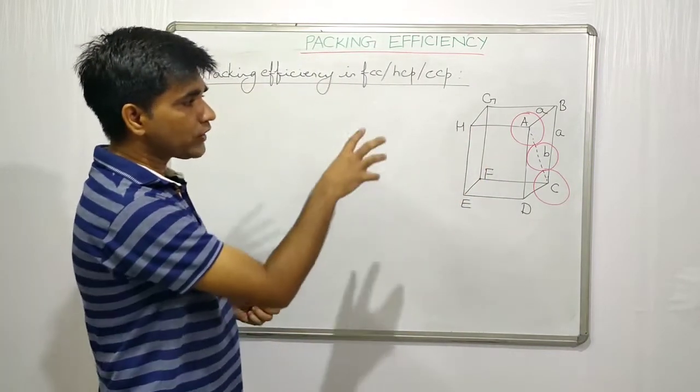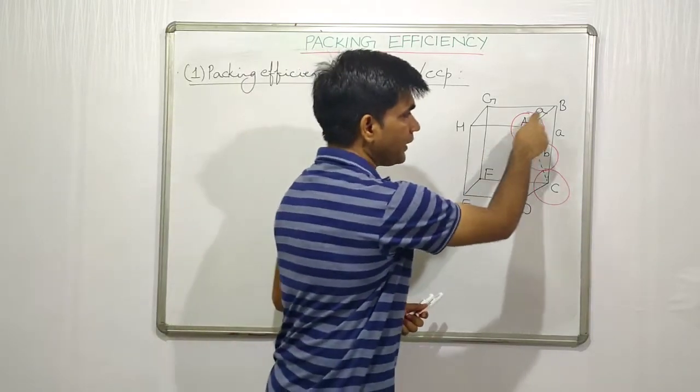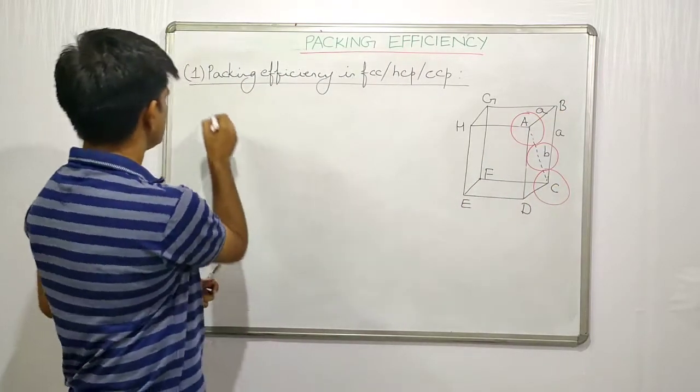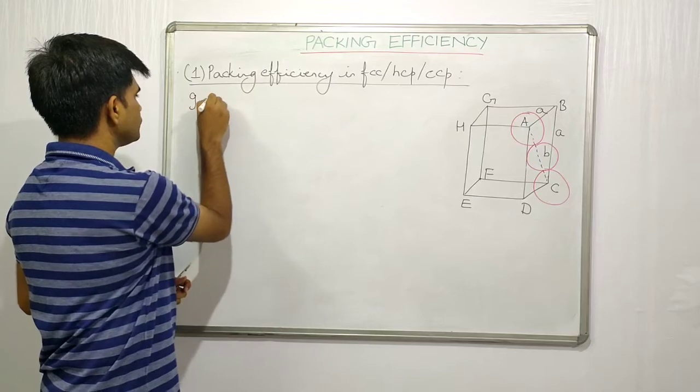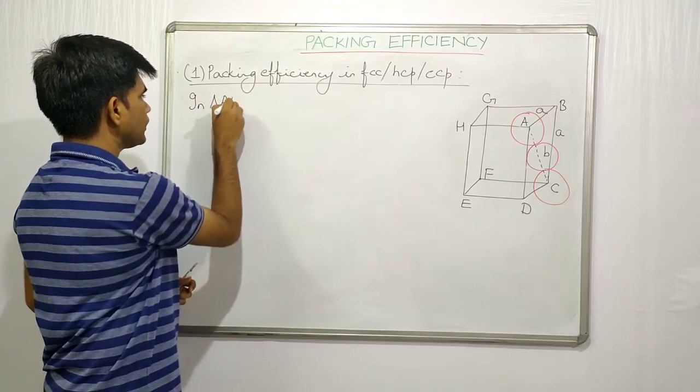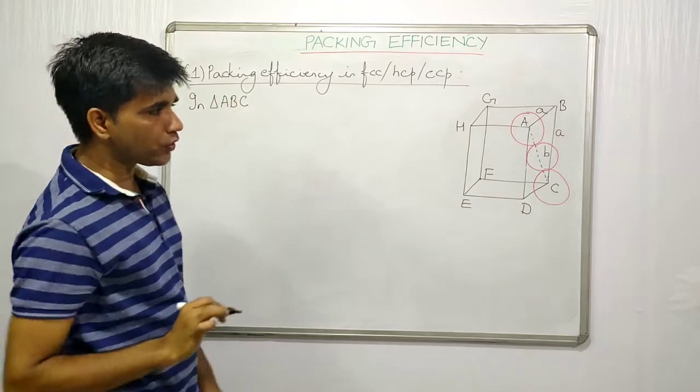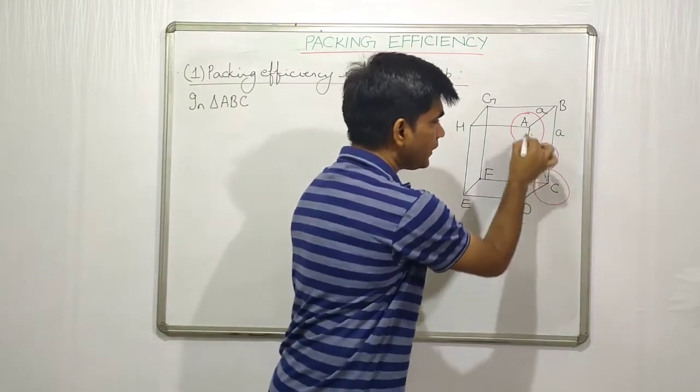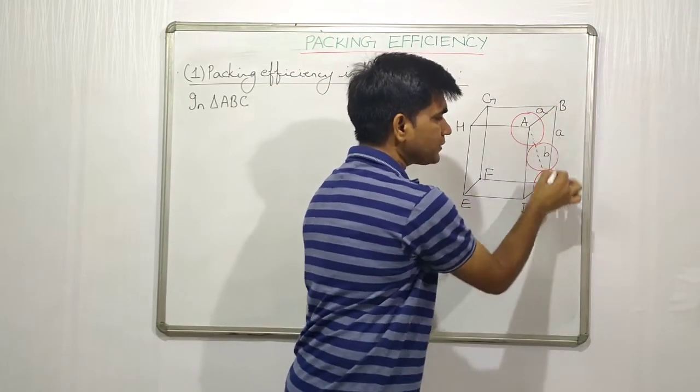Students, now you can see here in the triangle ABC, according to Pythagoras theorem, AC square is equal to AB square plus BC square.